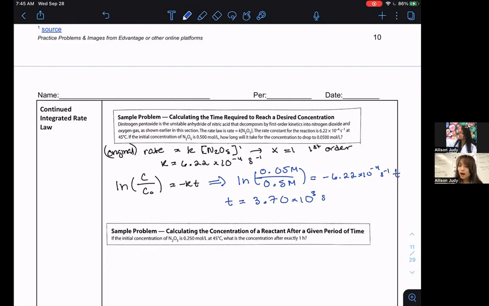I can plug this into the simple integrated equation. Once I recognize it's first order, and you can find K using the original math process I gave you for rate law, then you can use this integrated rate law equation to go directly to time and concentration and figure out how long before I might need to think about refilling my sample or starting another reaction because my reactant concentration is getting low.